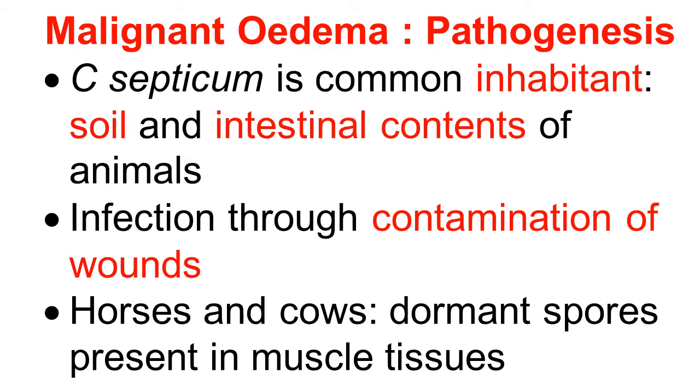So infection is present in the environment, and this infection occurs through contamination of the wound. It is observed by the clinician that horses and cows have dormant spores present in the muscle tissue. When there is injury to the muscle, the anaerobic condition causes malignant edema.